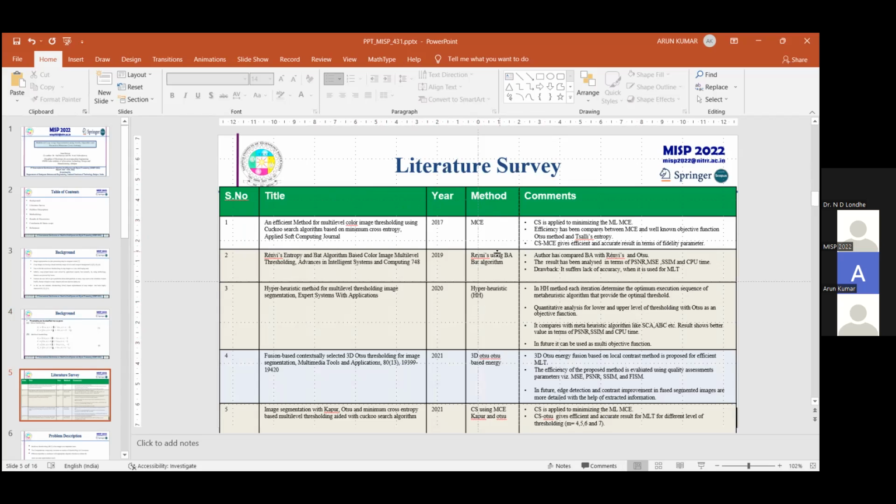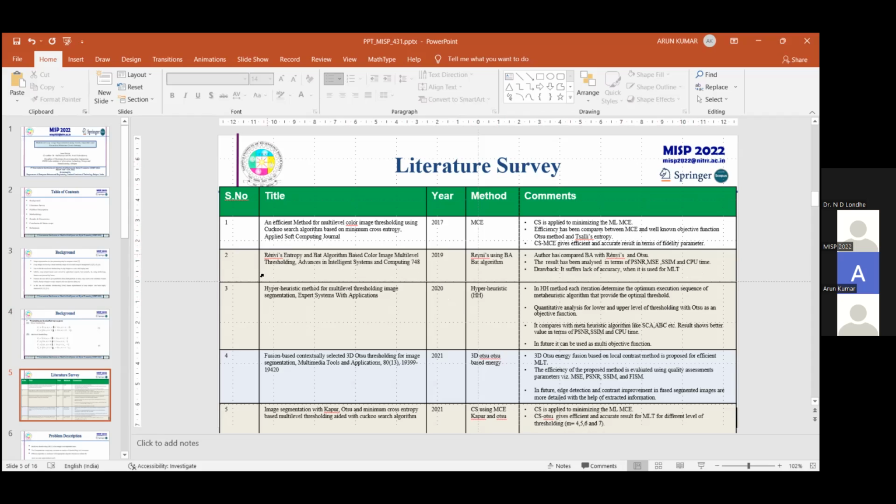In this paper, they have used the minimum cross entropy method with 3 objective functions: ORSU method, T-SALI method, and the cuckoo search algorithm, which is used to minimize the multi-level minimum cross entropy. Their results are in terms of fidelity parameters: peak signal to noise ratio PSNR, MSE, SSIM, and FSIM.